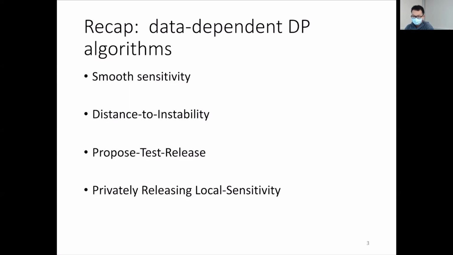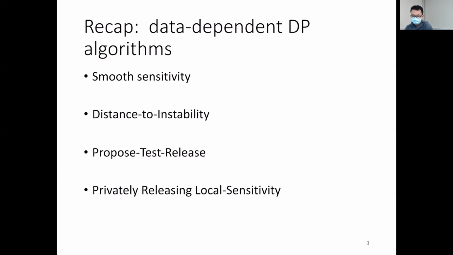We talked about 3 technical approaches. The first one is distance to instability. The second one is propose-test-release, and the third one is to privately release a local sensitivity and then construct a high probability upper bound of the local sensitivity. And after that, we basically take that upper bound and then try adding noise with magnitude proportional to that privately released upper bound.